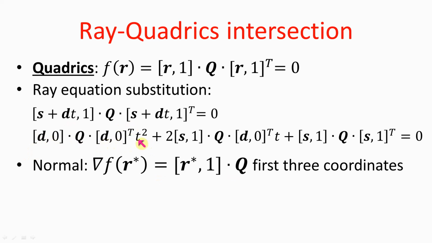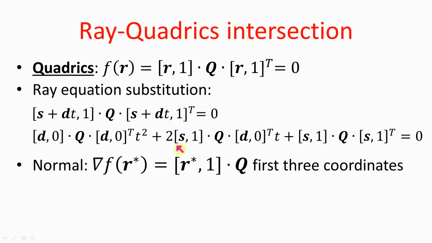Here it shows up twice because t was included on the left-hand side and on the right-hand side of this matrix Q. When S1 is combined with d0 times t, t shows up only once, and when S1 is combined with itself, there is no t in the expression, so this is going to be just a constant. Indeed, this is a quadratic equation for unknown parameter t.